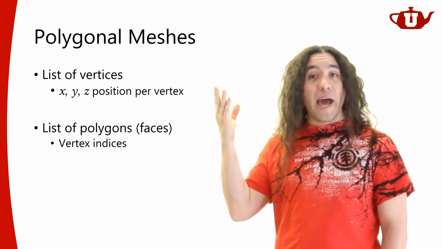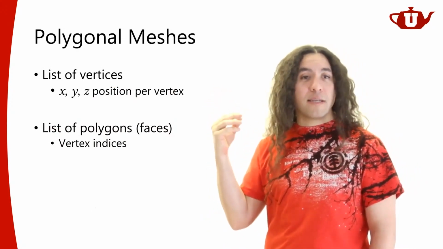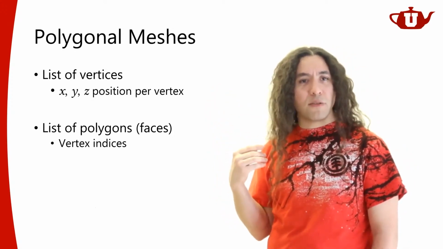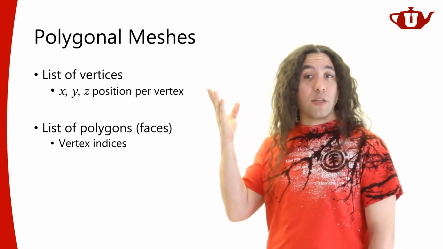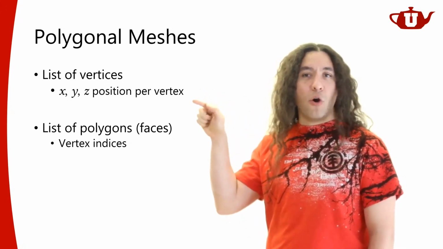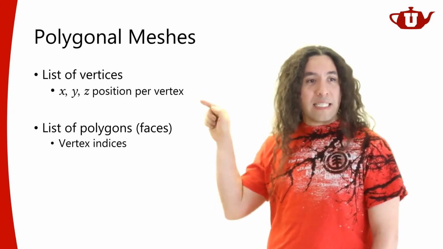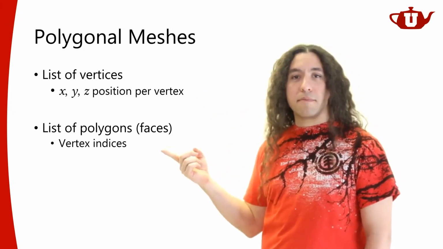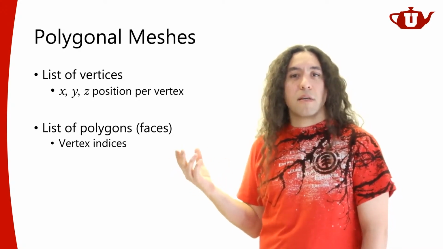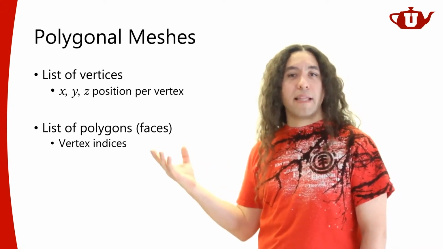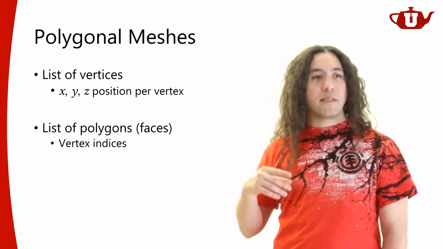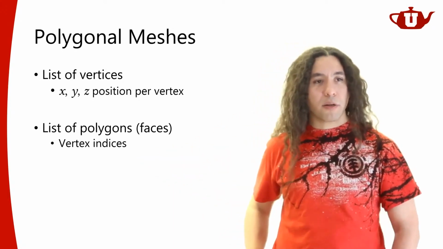You can have other information per vertex. Remember we talked about vertex attributes when we were talking about WebGL rendering? So we can have other attributes that we can store per vertex, but at the very least, I need to know where a vertex is in space. And I also need to have a list of polygons, and each polygon would have a list of vertex indices. From these vertex indices, I can form that polygon.